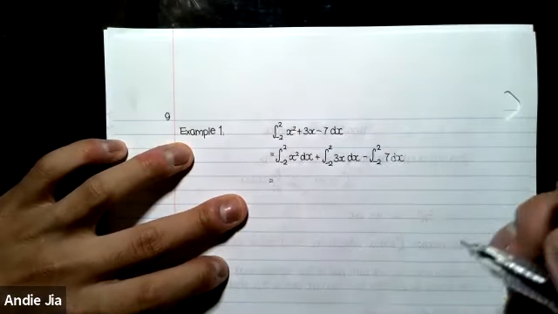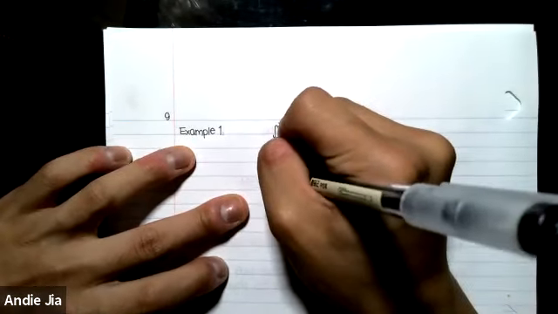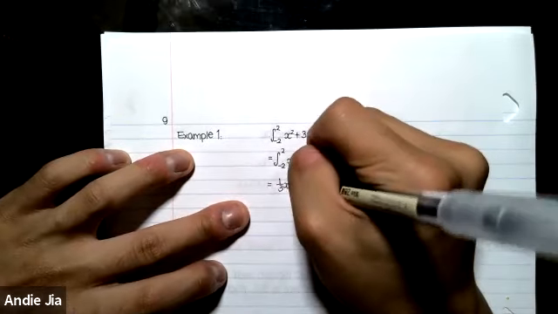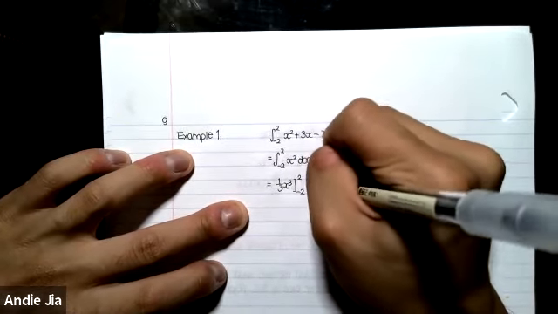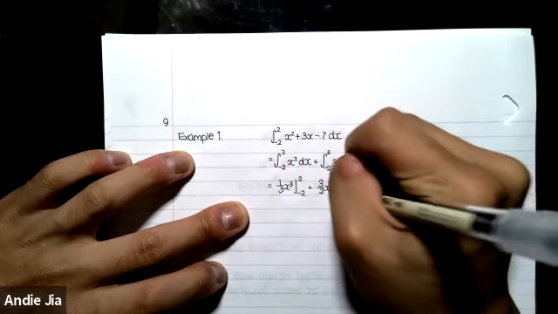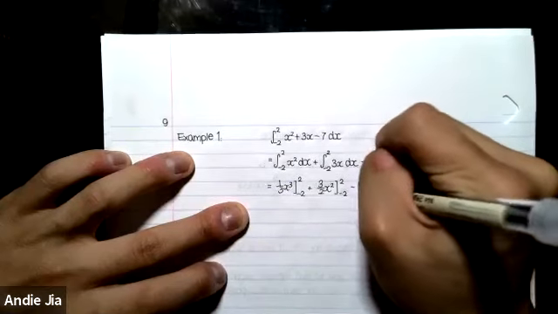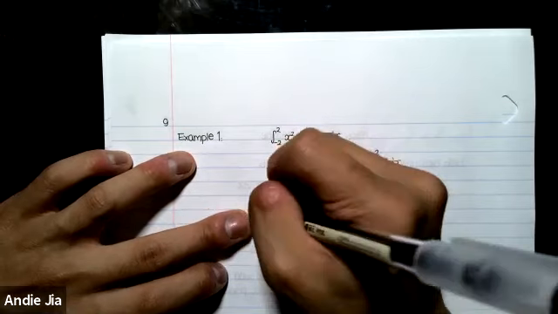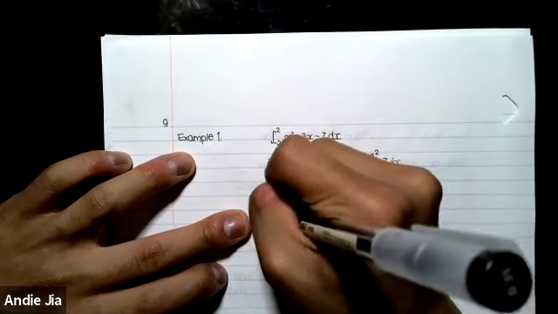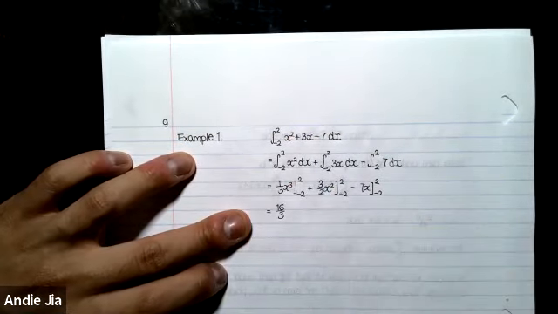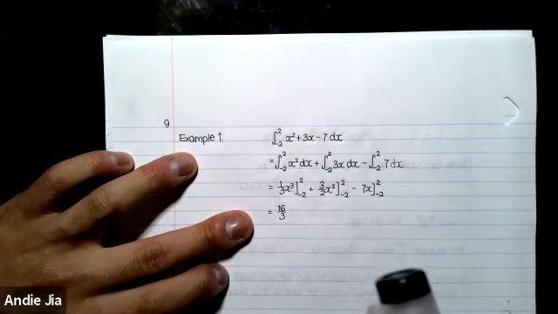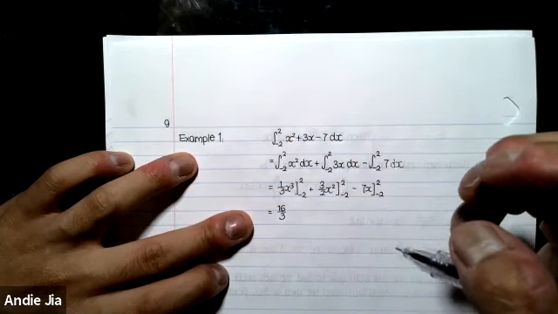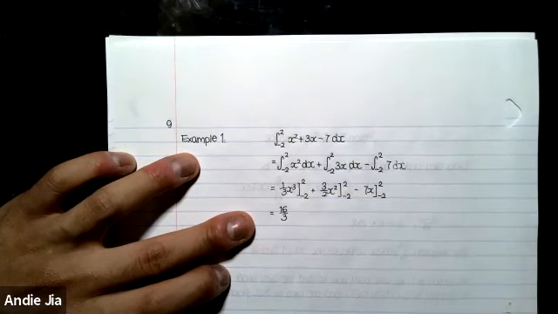Then we do the antiderivative integration. Yeah, 3 over 8 is 16 over 3, plus 3, 2.